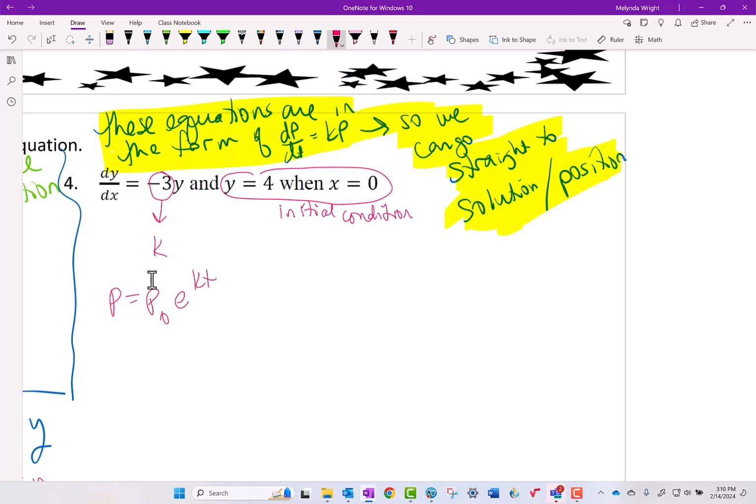That's the formula that we're subbing into. Now, am I going to use P's on this one? No, I'm going to use Y's, right? They're using Y's. So I'm going to have Y equals, what's my initial Y value? 4 e to the, and we just said that K is negative 3. And that's my position.